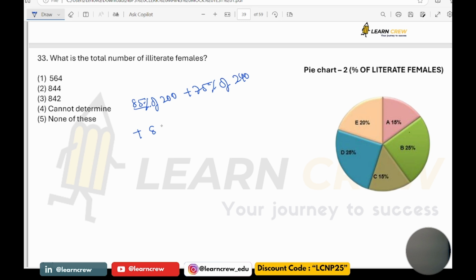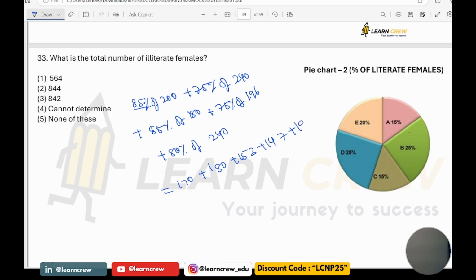I can take 85 percentage of 180 plus 75 percentage of 196 plus 80 percentage of 240, which is nothing but 170 plus 180 plus 153 plus 147 plus 192. If I add everything, how much I am going to get? 842. So answer is 842.